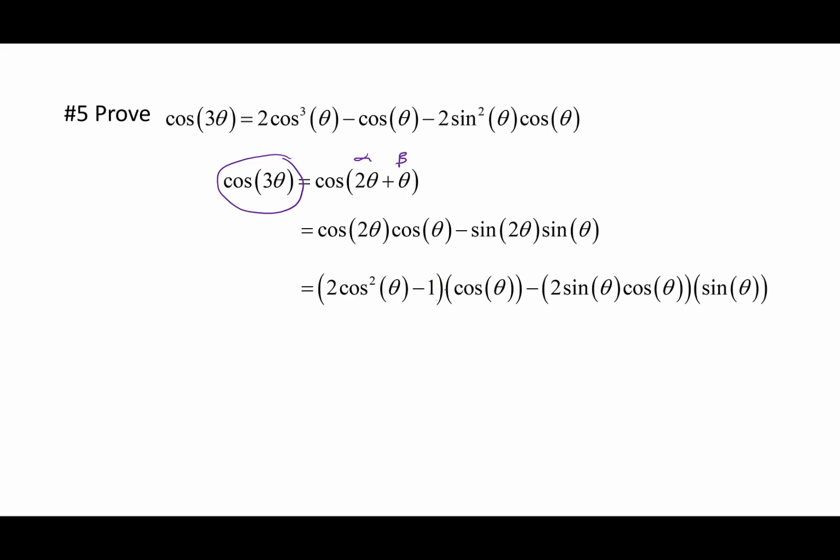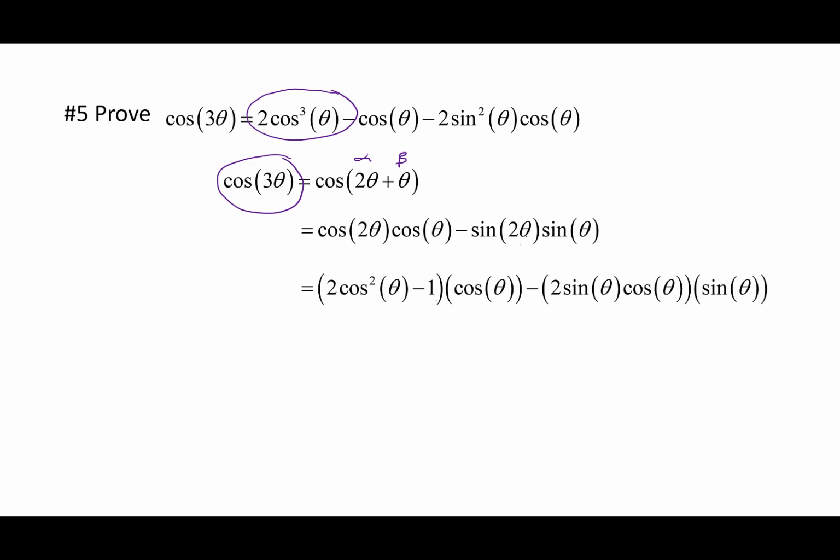And where I probably got that is I am cheating a little bit, looking up here at what I've got in my original equation that I'm trying to show. I'm trying to show that what I have on the left-hand side is equal to that right side. So I can see I have a 2 cosine cubed theta. It doesn't hurt to look at the other side of your equation. Just don't write it down until you know you've got the problem completed.